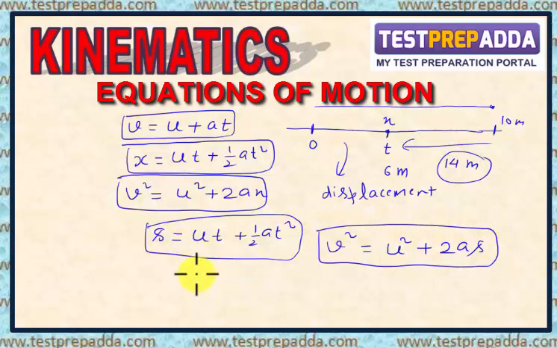This s is actually here x minus 0, position of the particle at time t, minus the position of the particle at time t equal to 0. So this way we get the displacement.